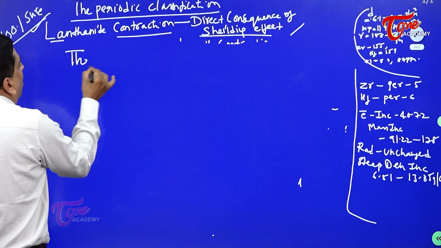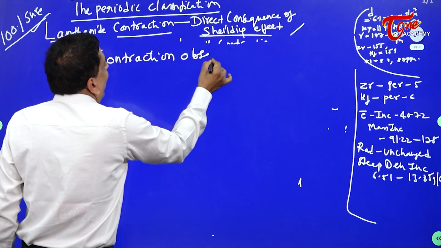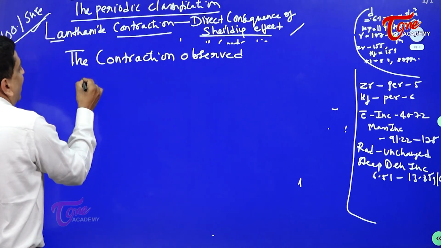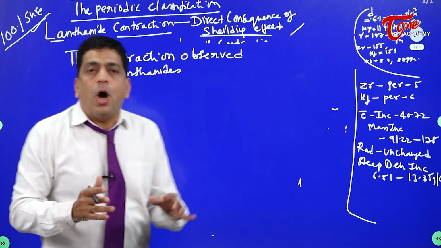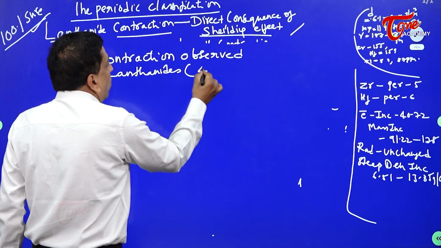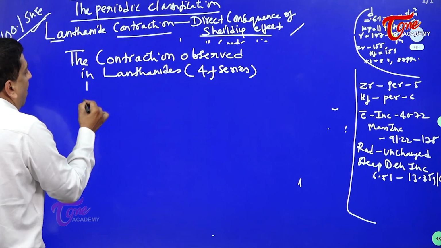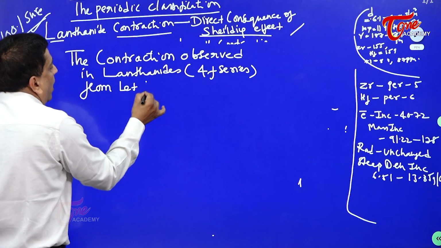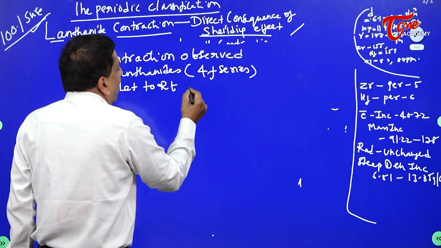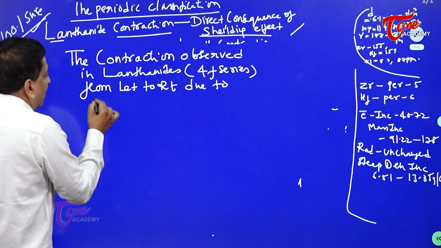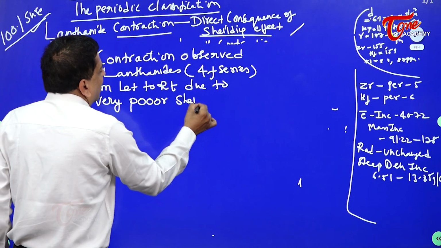The contraction observed in lanthanides, which is nothing but the 4F series, observed from left to right due to very poor shielding effect.